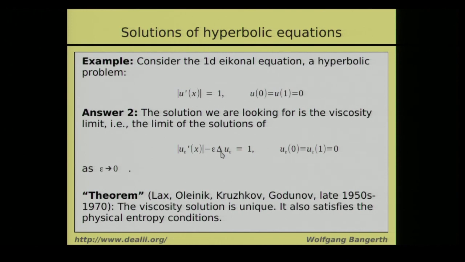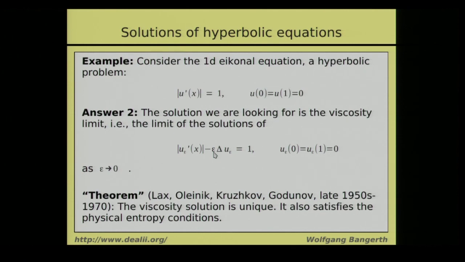And as an elliptic equation, I can show that for any finite epsilon, it has exactly one unique solution. This one unique solution I'm going to call u epsilon. And of course, u epsilon is not a solution to the equation up here for any finite epsilon. But I can ask the question, well, if I let epsilon go to 0, what's going to happen?